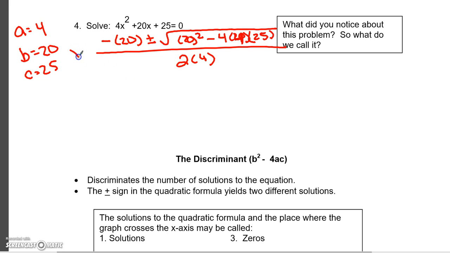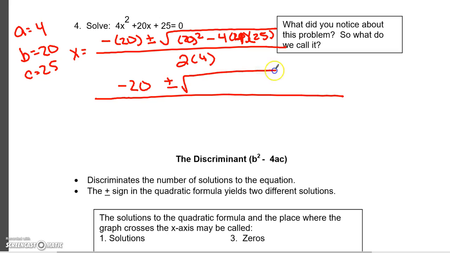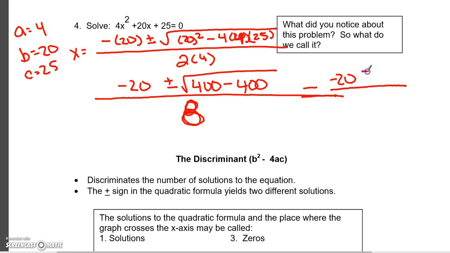Okay. Alright, so negative 20 plus or minus the square root of 400, or sorry, minus 400, divided by 8. And that equals negative 20 plus or minus the square root of 0 over 8.